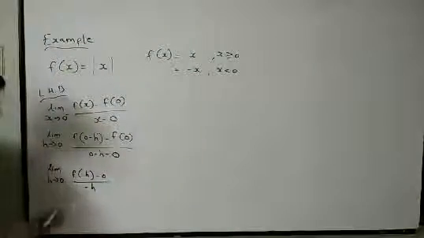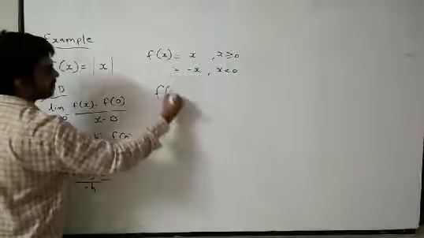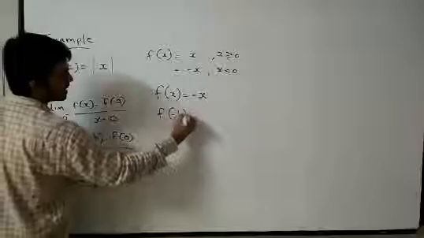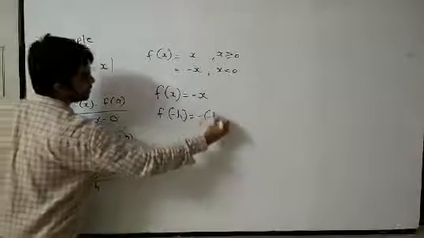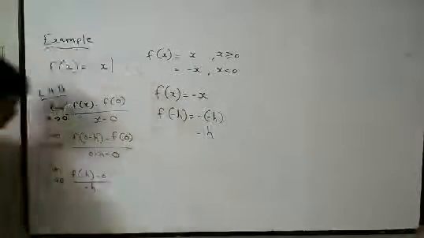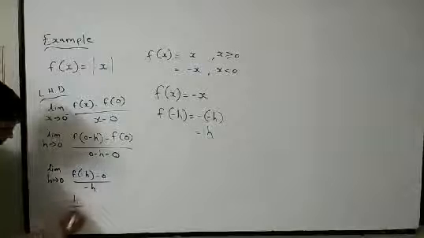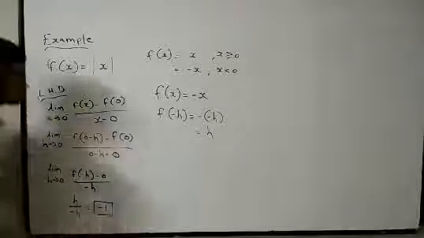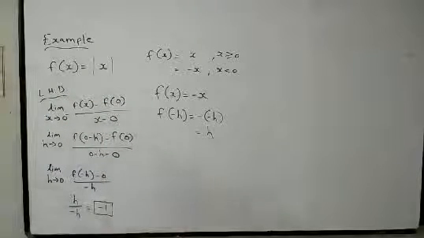If f of x is minus x, then f of minus x will be minus of minus x, so it will be plus x. So x by minus x, your answer is minus 1. So your left hand limit is minus 1.